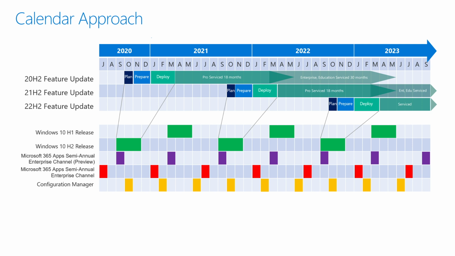So capturing how long something is going to be serviced within the calendar gives you a better understanding of what your cadence needs to look like, because the last thing we want to see is you get in a situation where you hit the end of servicing date, you're not prepared to do an update, and then all of a sudden you're exposed from a security perspective because you're not receiving patches because you've got a percentage of machines that have gone end of service.